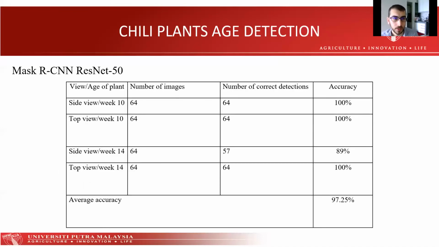And in the ResNet 50 model, the accuracy was higher than the ResNet 101 model by 1.25 percentage points, and the accuracy is 97.25%, as you can see in this table.